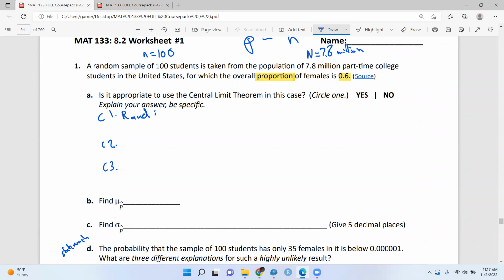It's given. Yes, it's given. How about independent? Was that given? No. So how did you prove that each student was independently drawn?